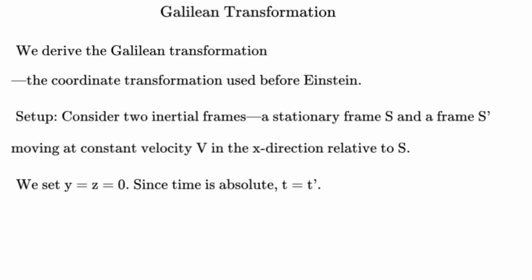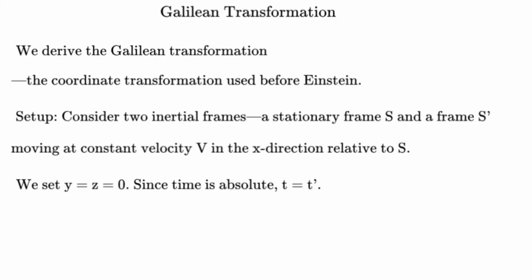Galilean transformation. We derive the Galilean transformation, the coordinate transformation used before Einstein. Setup. Consider two inertial frames, a stationary frame S and a frame S prime moving at constant velocity v in the x direction relative to S. We set y equals z equals 0.